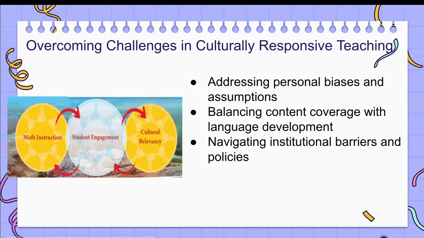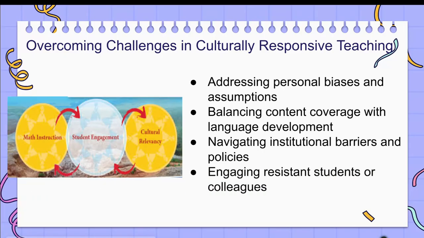We may face institutional barriers and policies that make culturally responsive teaching difficult. Advocate for change where you can and find creative solutions within existing constraints. Engaging resistant students or colleagues can be challenging. Patience, persistence, and leading by example can help overcome this resistance.